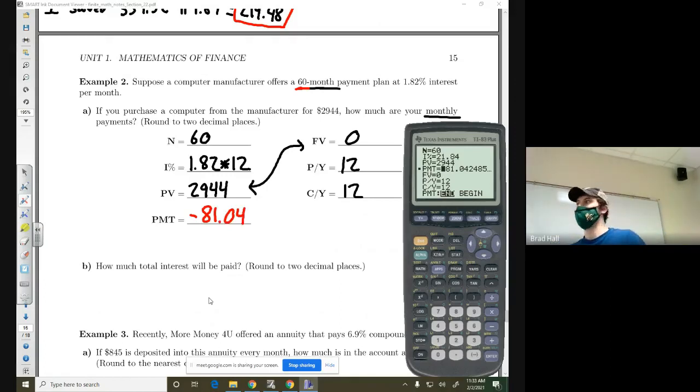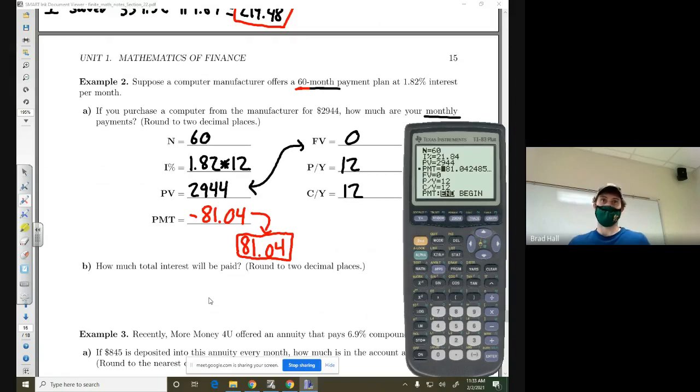When we provide the final answer, my math lab wants this as a positive value. They want the magnitude, because the negative is simply a way for the calculator to understand the direction and transfer of money. So to us though, I don't tell you, you owe me negative $81.